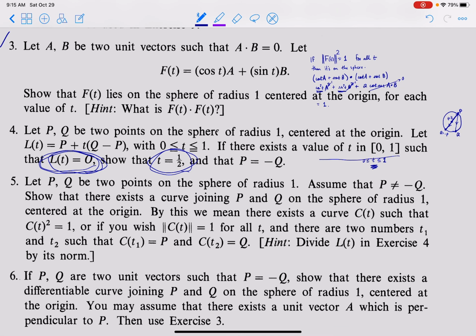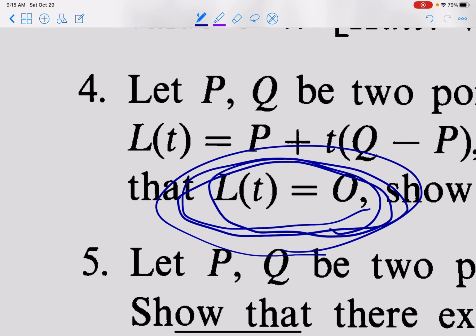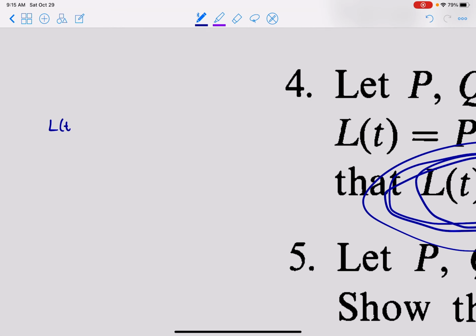If there exists a value of t such that L of t equals 0, so let's use the formula for L of t. L of t equals p plus t times q minus p. And if that equals 0, where 0 now is the 0 vector. So in any dimension, it would be like 0, 0, 0, whatever. But we can just write a big 0 for the 0 vector.